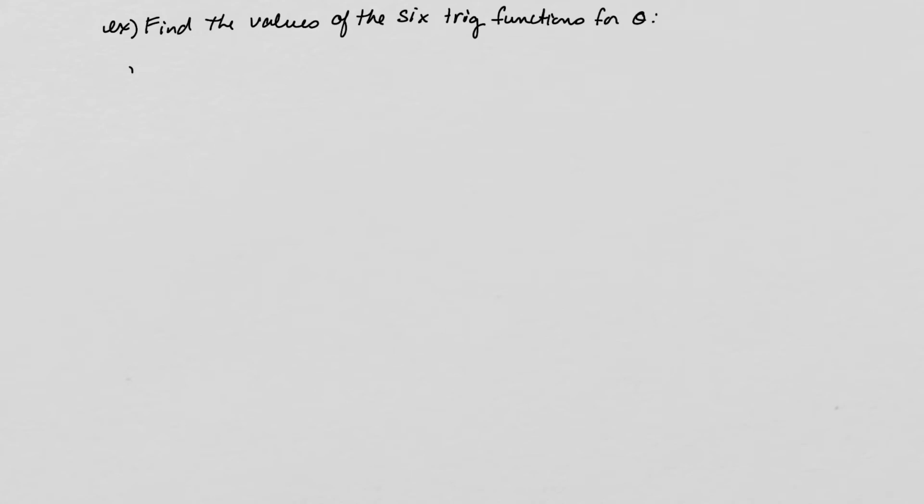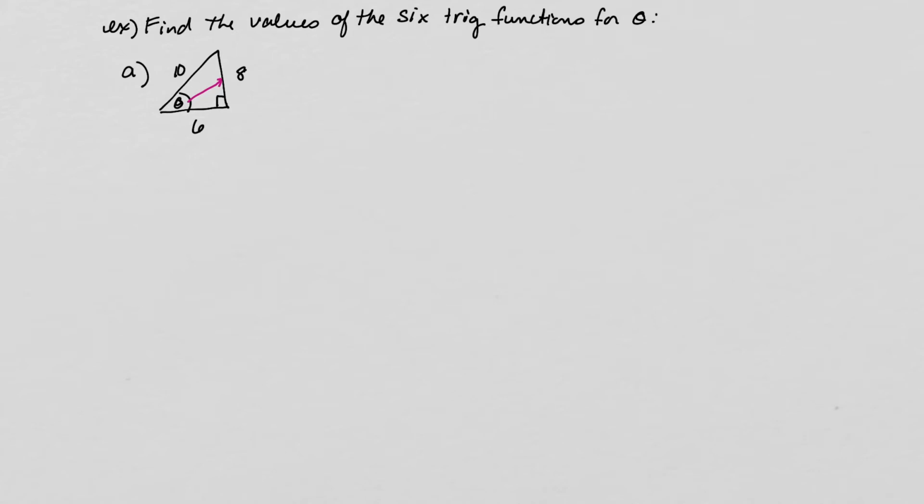Part A: here's my triangle, here's theta, and I'm telling you this side is 10, this side is 8, this side is 6. We're looking to figure out the sine, the cosine, the tangent, and then the cosecant, the secant, and the cotangent. And we're going from the perspective of this angle theta.